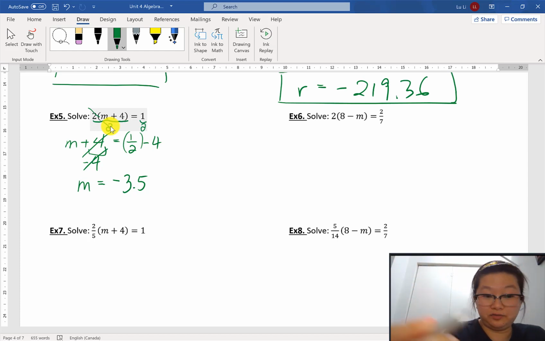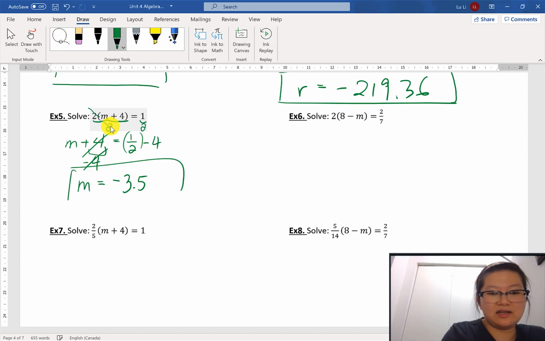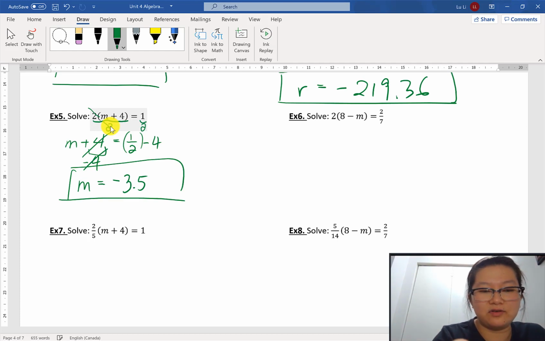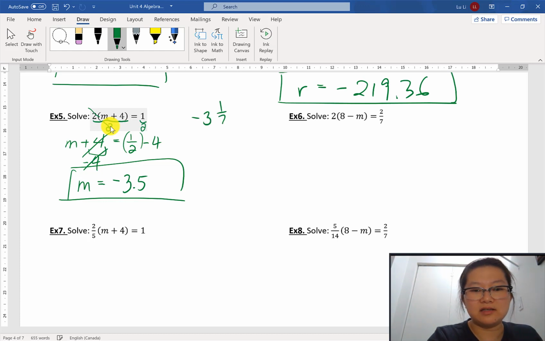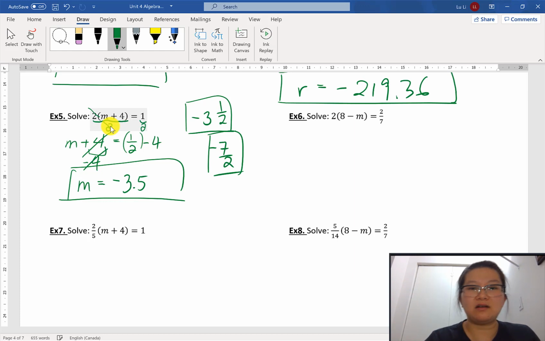You can have it in fraction form. For those of you who like your fractions, this would be equivalent to negative 3 and 1/2 as a mixed fraction, or it can be negative 7 over 2. These are all possible solutions I would take on a quiz if this was a question.